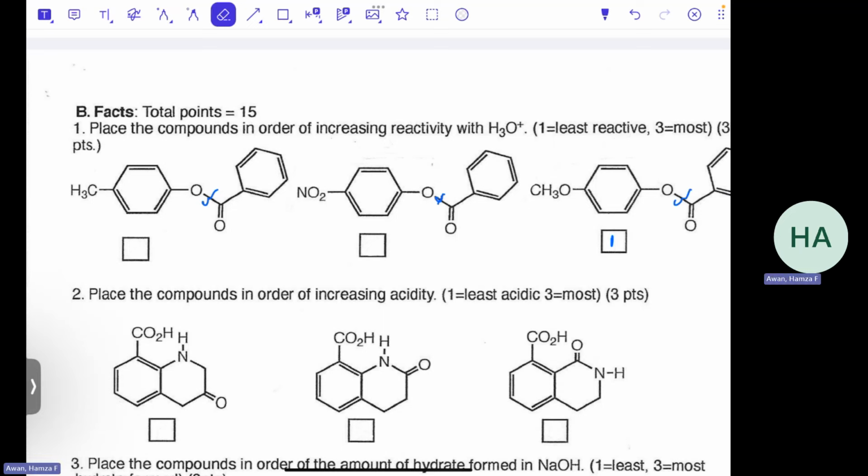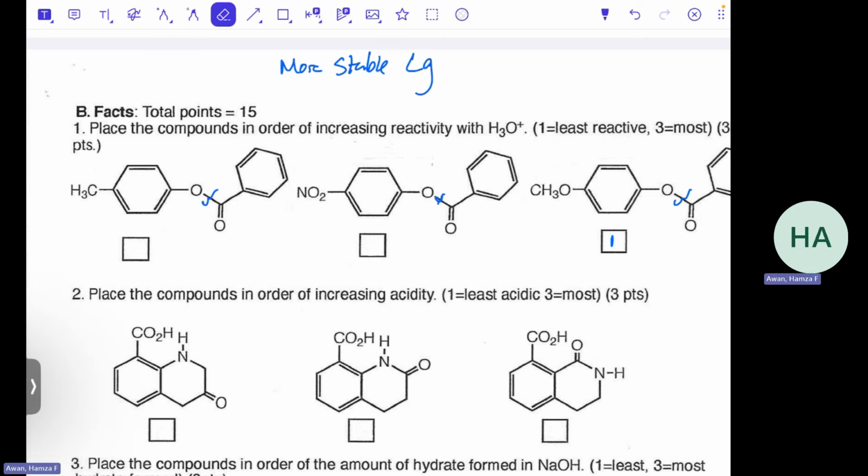Then you look at all three and see which one is the most stable. So we're going to look for stability. So more stable leaving group.